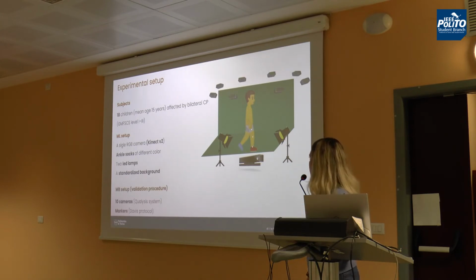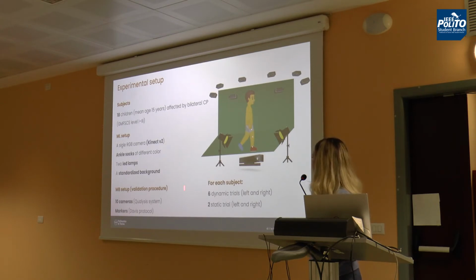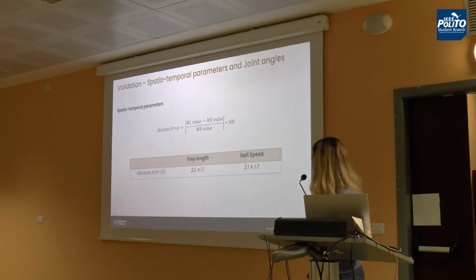Of course, I used the marker-based system for the validation, and for each subject I acquired 6 dynamic trials, 3 left and 3 right, and 2 static trials, 1 left and 1 right.